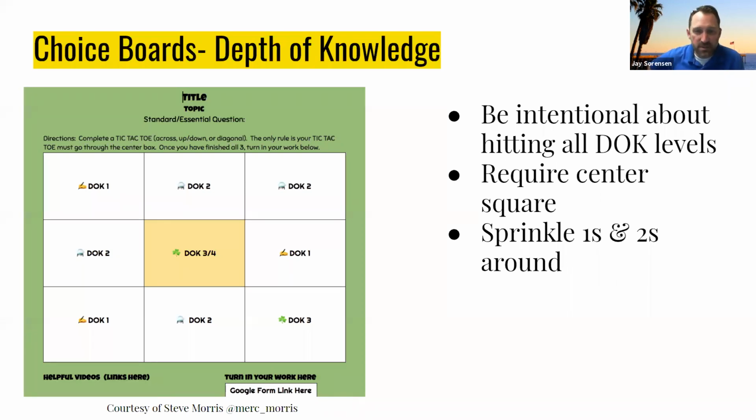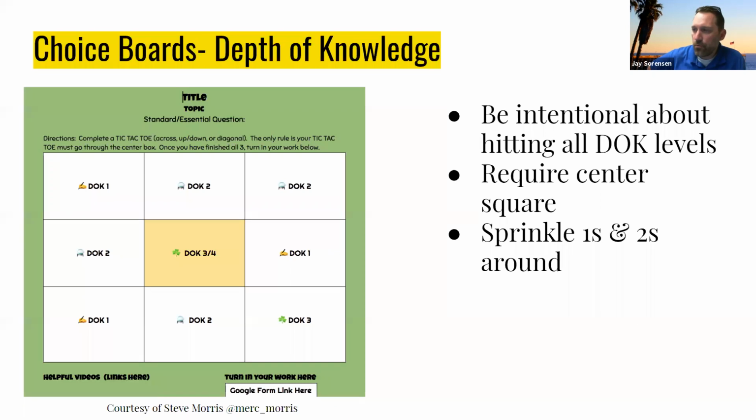His session was specifically on setting up choice boards to address the depth of knowledge levels. He wanted to be very intentional about hitting the different DOK levels when dealing with any given topic. The way that he presented it, the center square was the highest DOK, level 3 or 4, and students would be required to do that center square, and then they could choose how they made their tic-tac-toe by doing any 2 others.